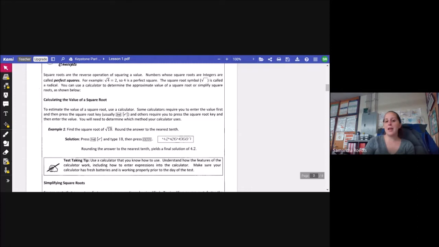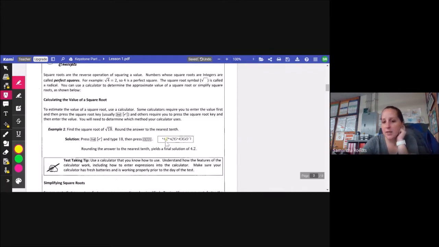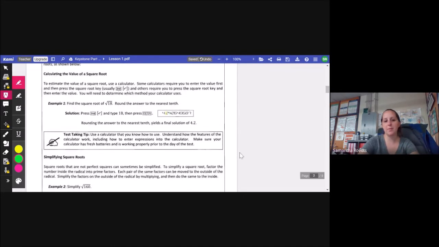When I'm rounding the answer to the nearest tenth, I'm looking at this decimal place right here, because that's my tenths place. I look at the number next to it, which happens to be a 4. The 4 tells me that I don't round up, I stay the same. So 4.2 is going to be my final answer.